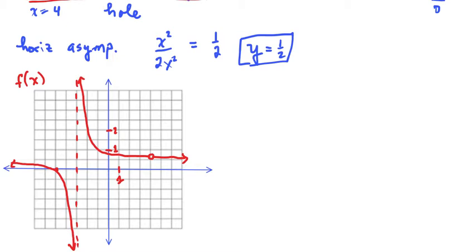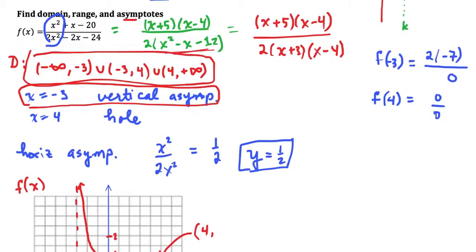Okay, but let's be a little bit more specific. When x is equal to 4, the x coordinate of this is going to be 4, as we found up here before. Now, to figure out the y coordinate, let's take a simplified version of this function.